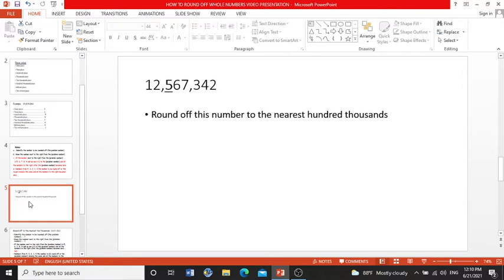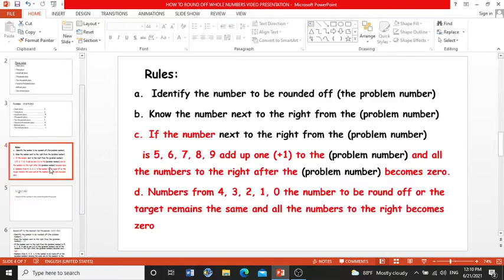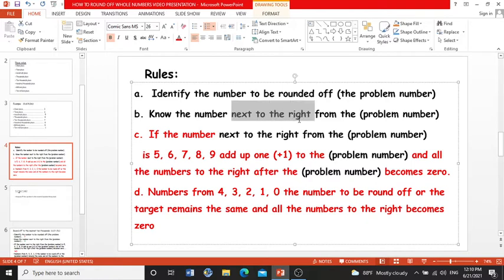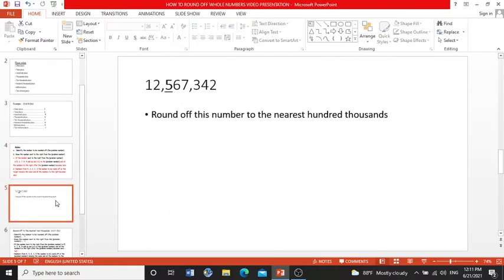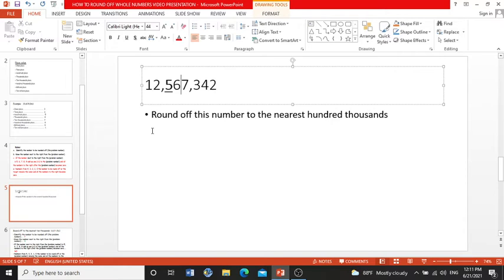No, these are the numbers all to the right. But what is stated here is next to the right from the problem number. So, what is next to the right from the problem number is 6.